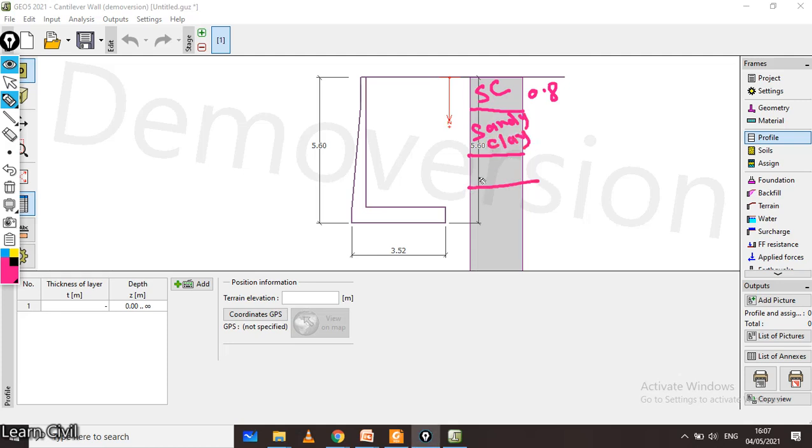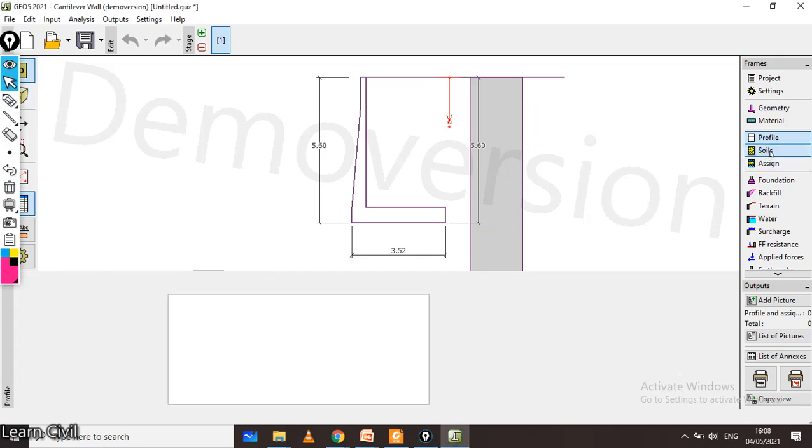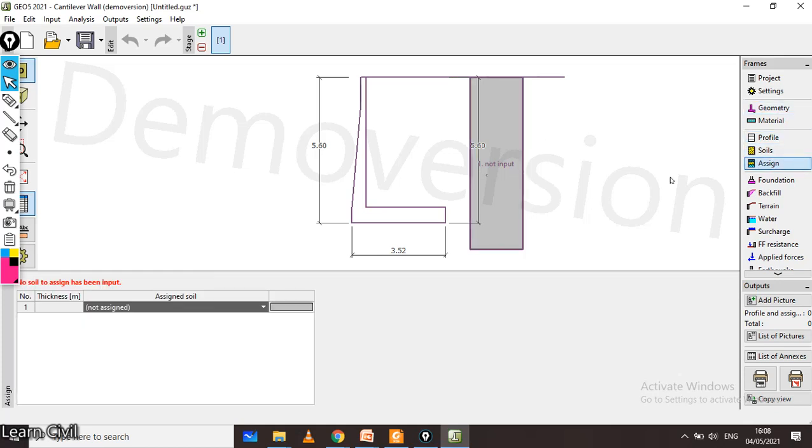Then we may have some gravel, poorly graded soil, and like this there may be some hard strata or rock. So like this you can provide the soil profile in this profile section. Then we have soil, then we have assign, here you can assign the soil types to different heights.